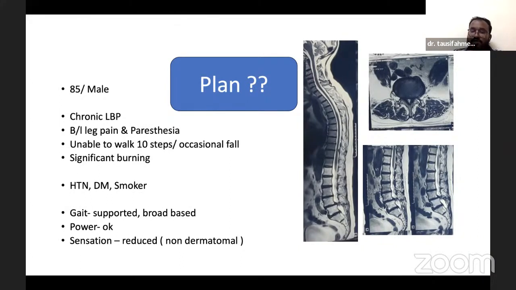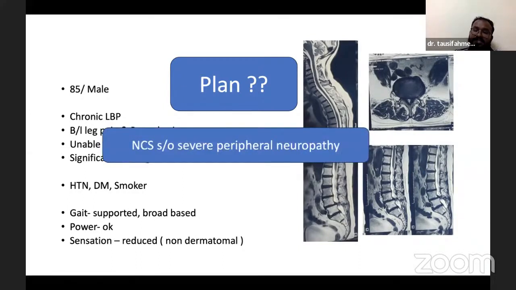So I would for sure get EMG NCV done and get a neurologist in the picture. Perfect. So we have done EMG NCV, nerve conduction studies, and there's a severe peripheral neuropathy. Now, Dr. Priyank, will it affect your decision making now? Not really.